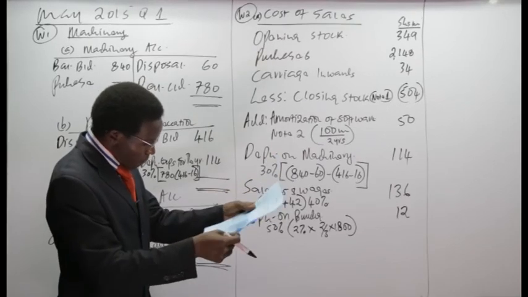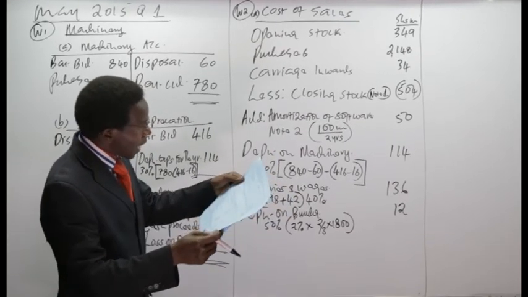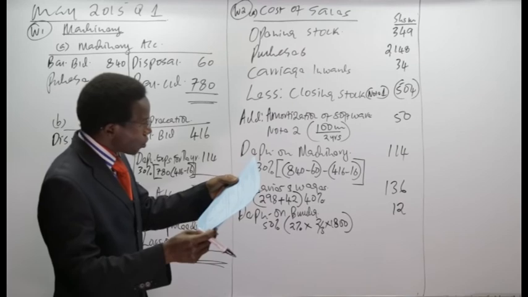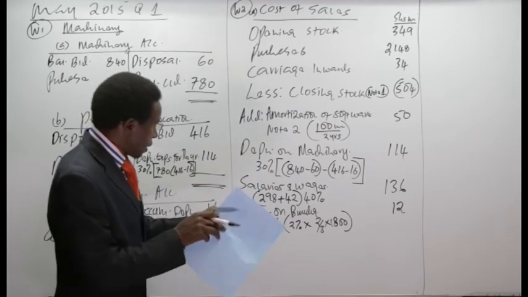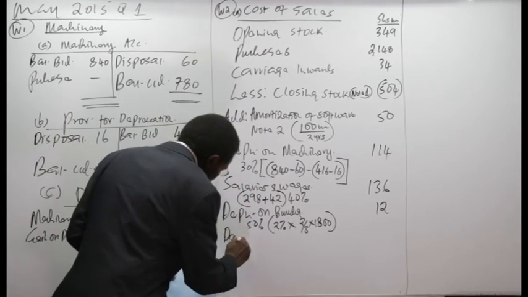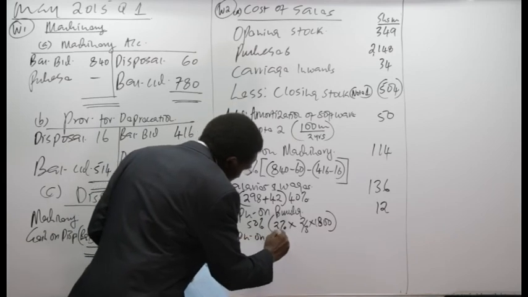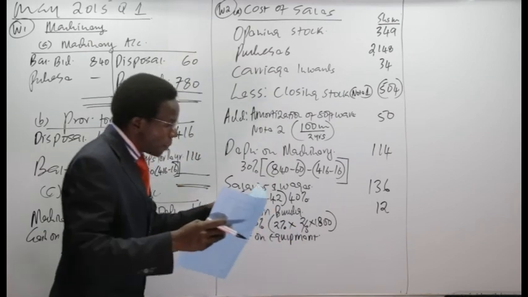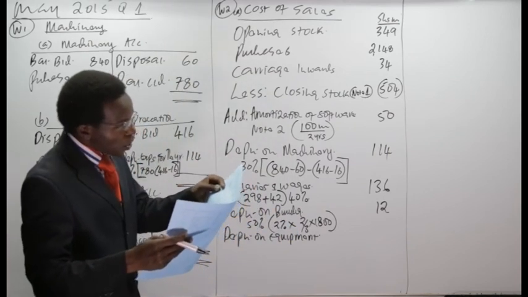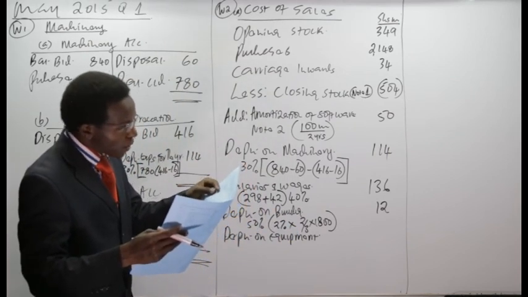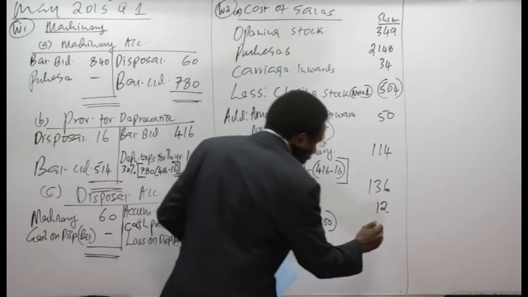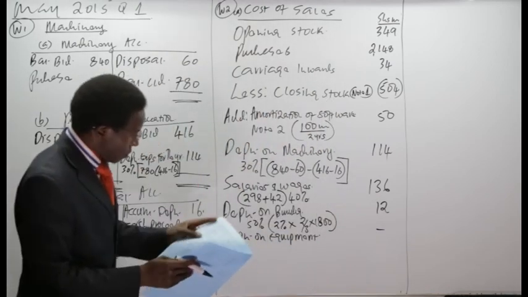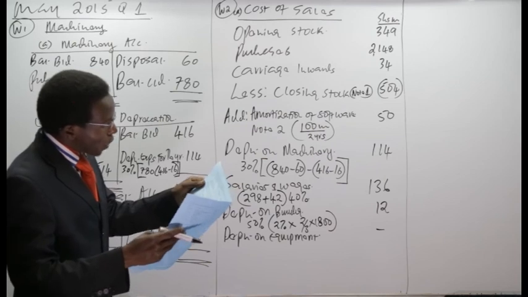We go further and look at still note number 9. There's depreciation on equipment. We have been advised that depreciation on equipment is not going to be recognized in cost of sales at all. Then we go to rent and rates.